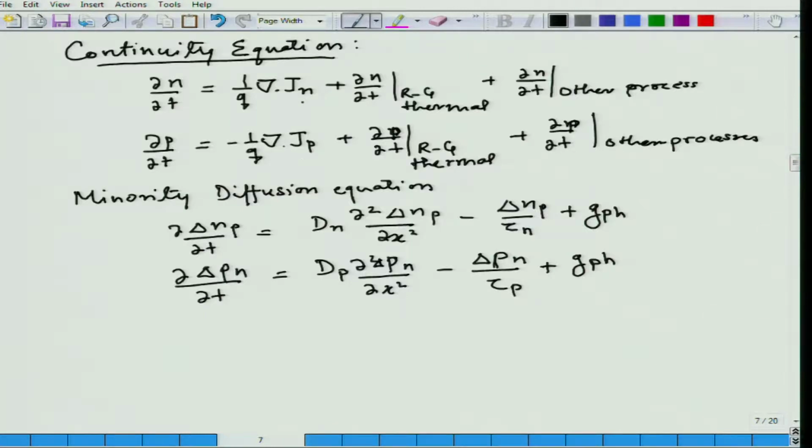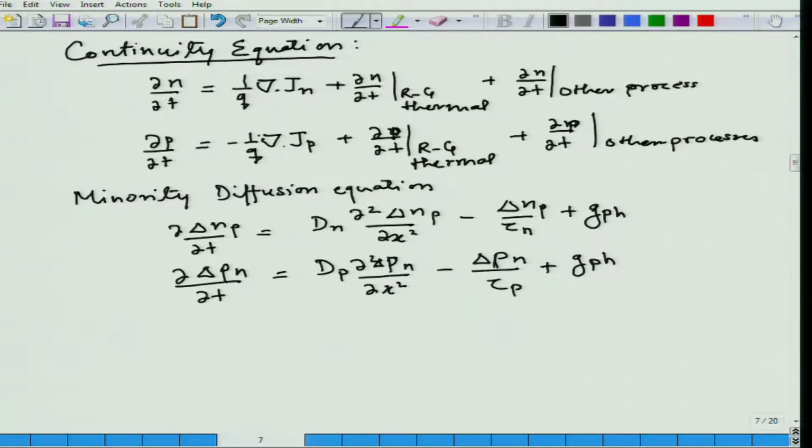But remember, the current due to electrons and holes is dependent on the electric field, and the electric field itself changes when there is a change in the density of charged particles in the material. Hence, one uses the value of the electric field in this equation, which itself depends on the value of n. So, you are solving something which depends on itself.